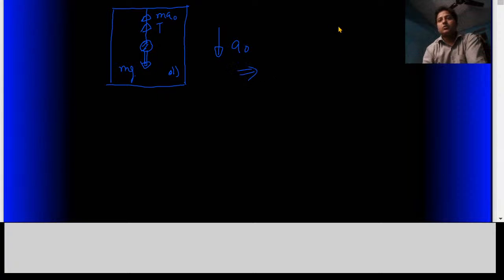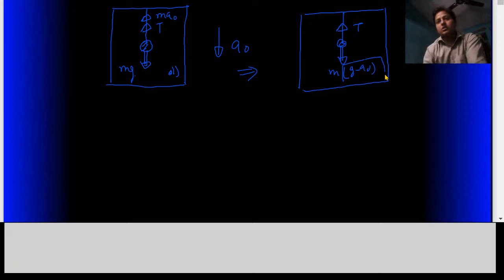So what is now the effective acceleration? Now the effective weight is, upward direction T', downward total force is m into (g minus a0). So this is our required effective acceleration. So the time period comes out to be 2π under root L over (g minus a0).